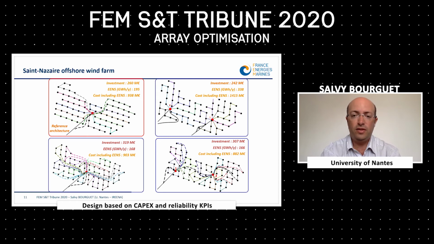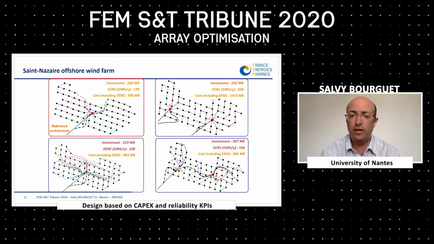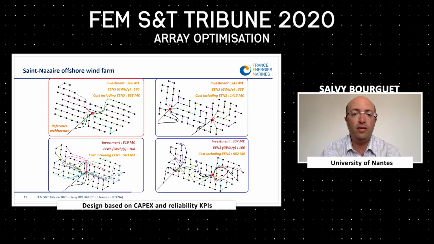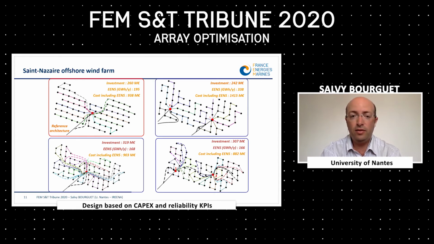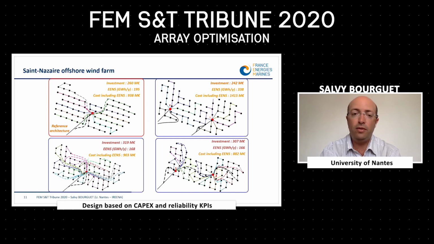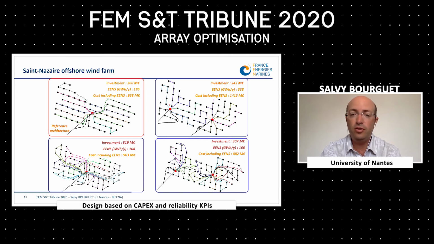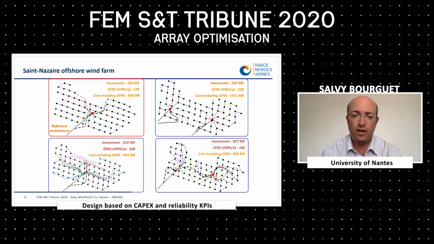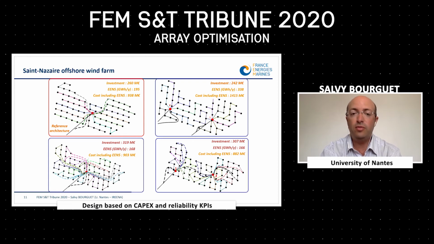Then for this Saint-Nazaire Park, you can see here 4 different results. Let's start for the first one on the top left. It's the reference architecture. In this reference architecture, if we look at the 3 different values, we have an investment of 260 million euros. And for this situation, as it is designed today, we have only one substation and radial configuration.